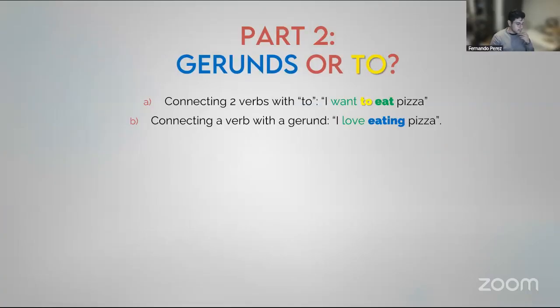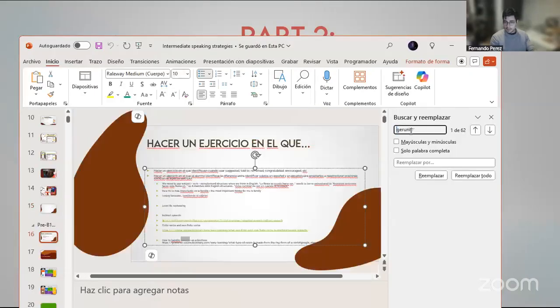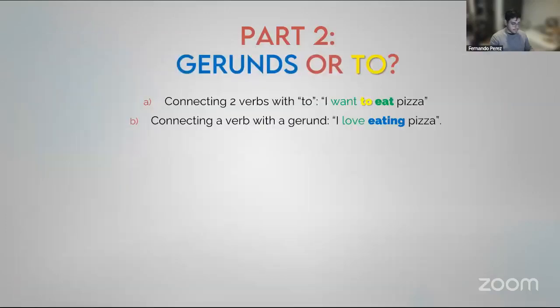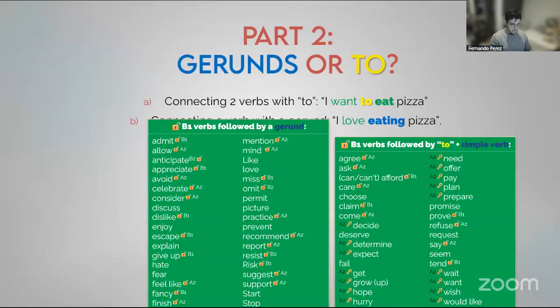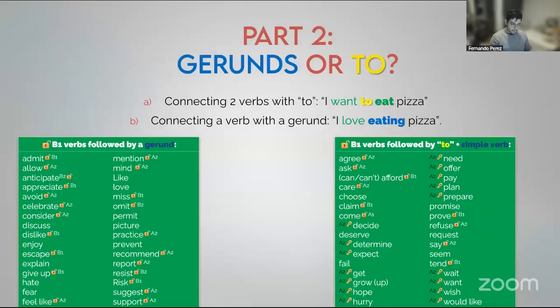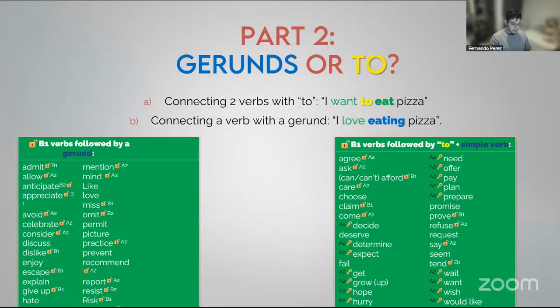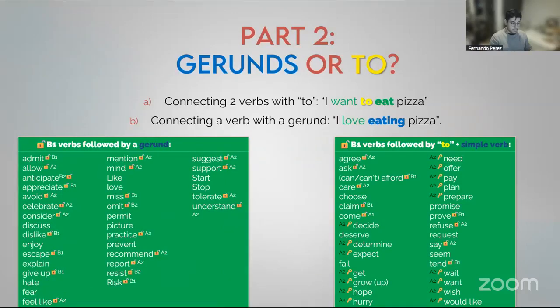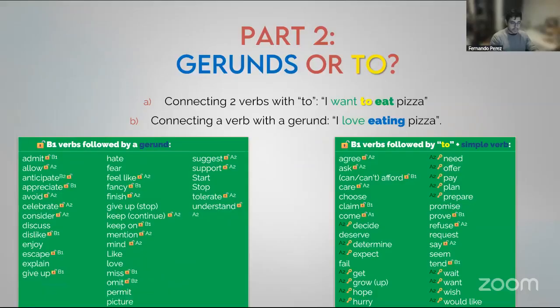I have it here in my material, but it's a lot of material. So gerund or to. Here they are.